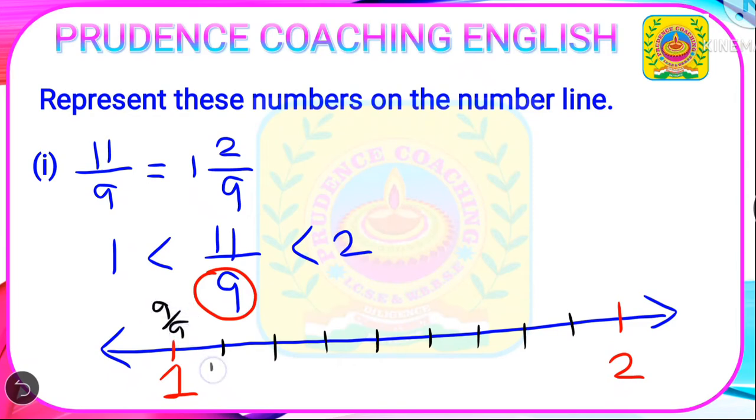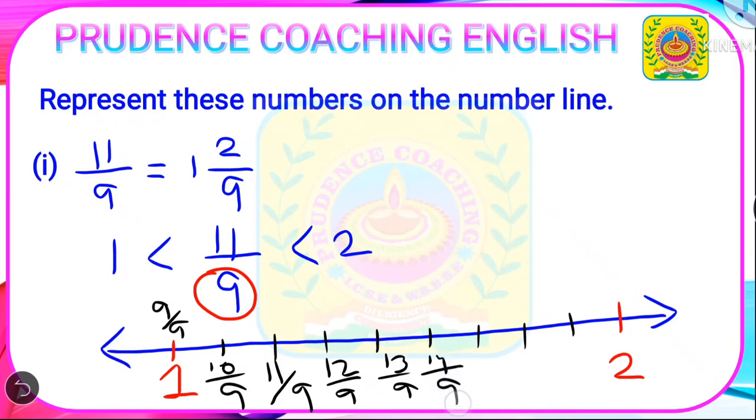Next we will have 10 by 9. Next one will be 11 by 9. Next will be 12 by 9. Next 13 by 9. Next one will be 14 by 9. Next is 15 by 9. Next one is 16 by 9, 17 by 9.